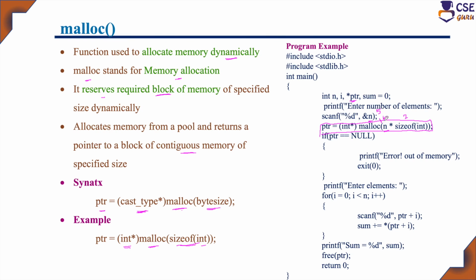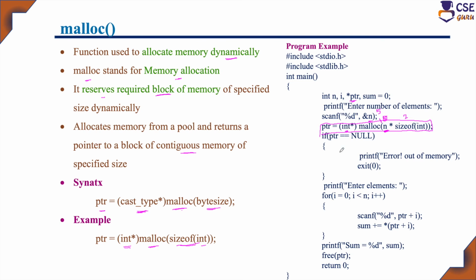Suppose you enter 10, then 10 into 2 bytes it will allocate. According to the size of n and the data type specified here, it will allocate the memory space dynamically during execution. Here we are not fixing the memory.